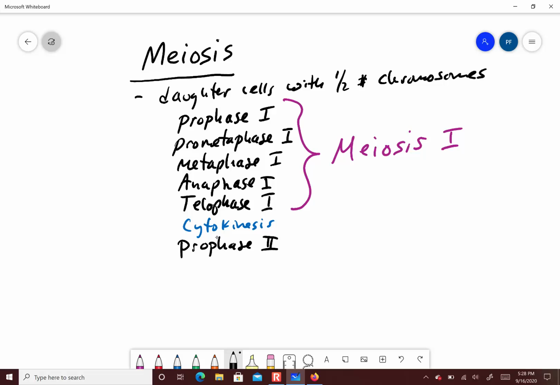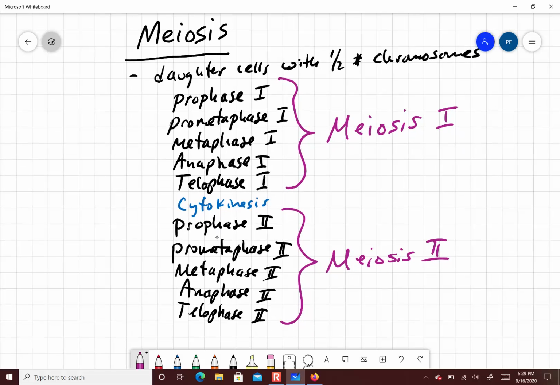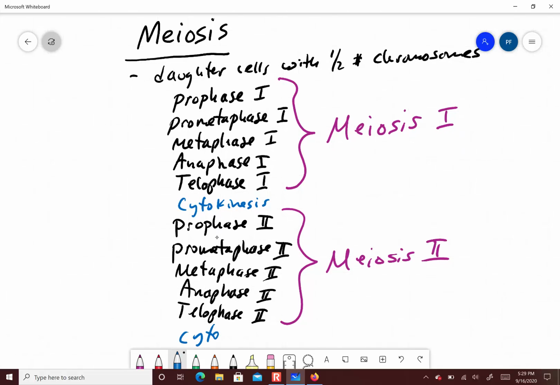Same 5 steps, same order, just 2s instead of 1s. And then all of those 5 together, that's meiosis 2. And then there is another cytokinesis at the end of meiosis 2.